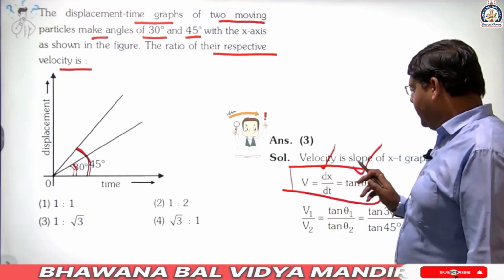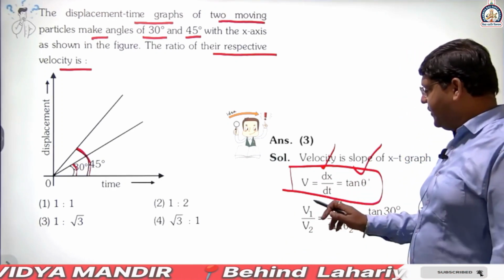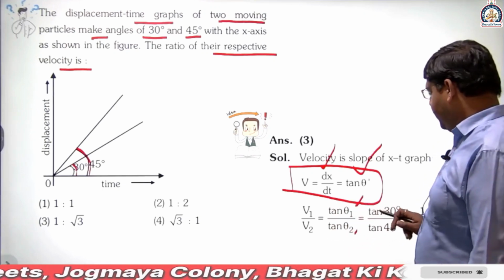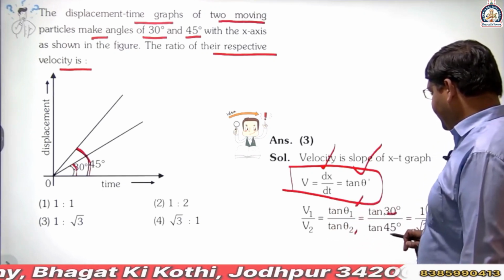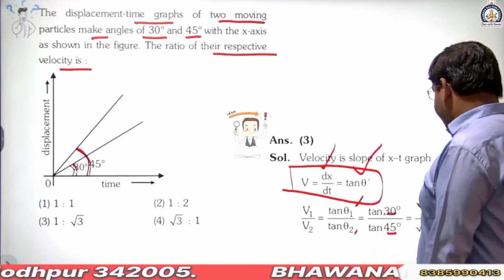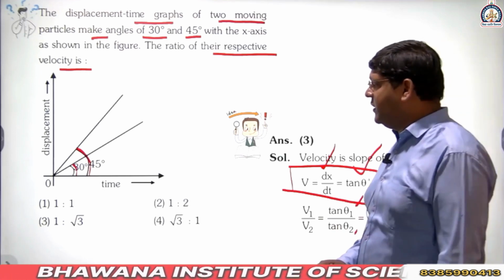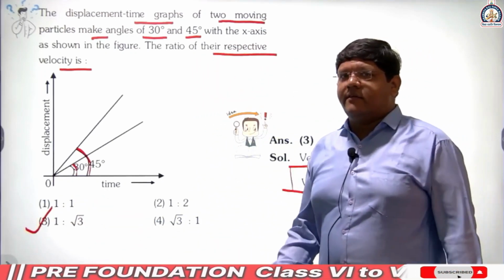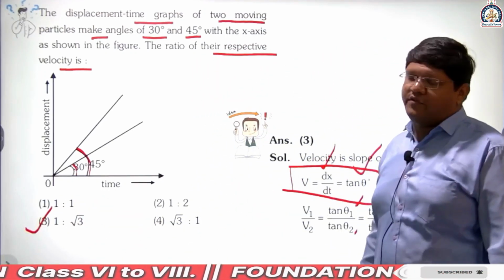This says the velocity and tan theta are directly dependent. V1 upon V2 is equal to tan theta 1 upon tan theta 2. Putting the value of tan theta 1 at 30 degree and tan theta 2 at 45 degree, we get the answer as 1 upon root 3. This is our option number 3. Okay, this is the required solution for this type of question.